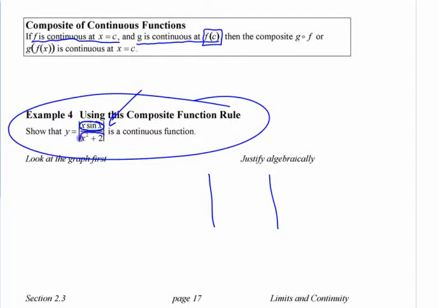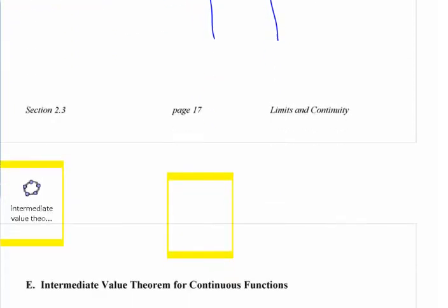And this is the sum of two continuous functions, so it's continuous. And then you have a quotient of two things that are continuous, so that means it's continuous, and then a composition, absolute value of something continuous, is continuous. That's all that needs to be said here, I think. If you looked at the graph, you would see that.